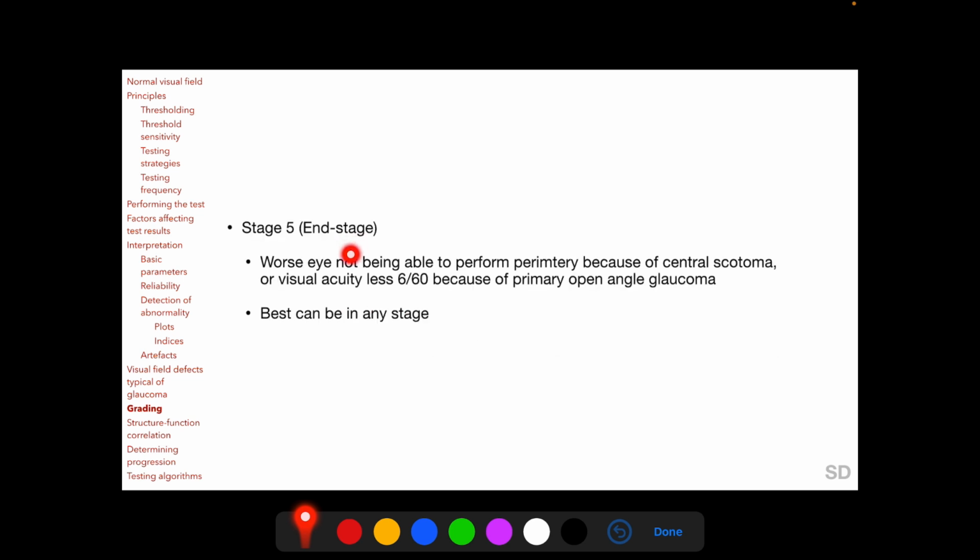And the end stage is defined as worse eye not being able to perform perimetry because of central scotoma, or visual acuity less than 6/60 because of primary open angle glaucoma. And the better eye can be in any stage of the disease. Even if glaucoma is advanced in only one eye, the disease can be classified as end stage in this system.